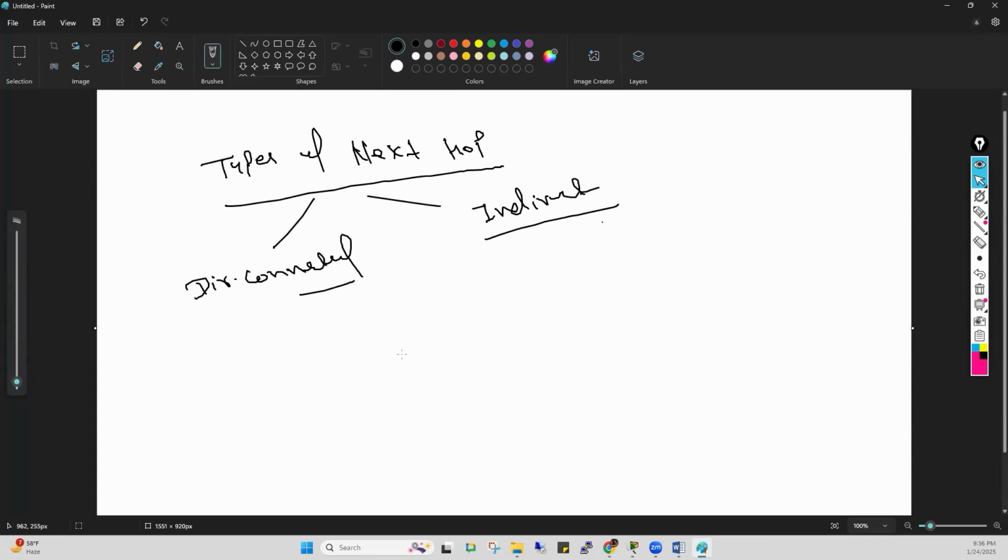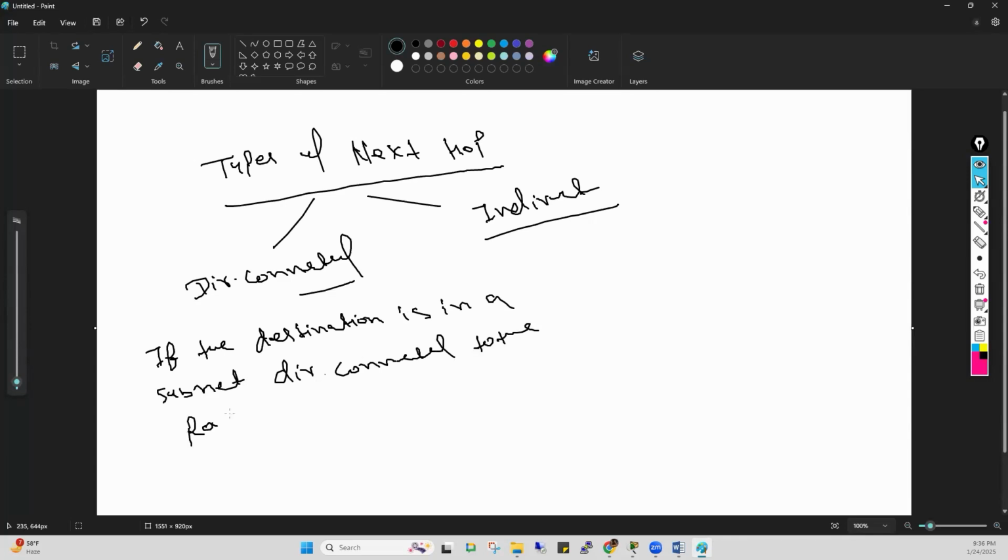Directly connected means if the destination is in a subnet directly connected to the router, in this case the next hop is the destination device itself.